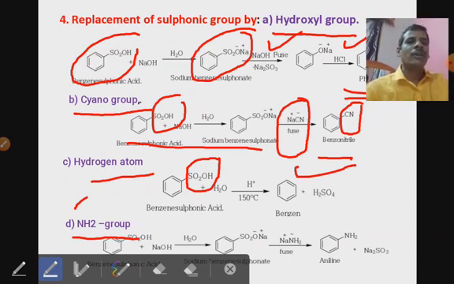In this way, benzene sulfonic acid can be converted into different types of compounds, and all these reactions are very important.